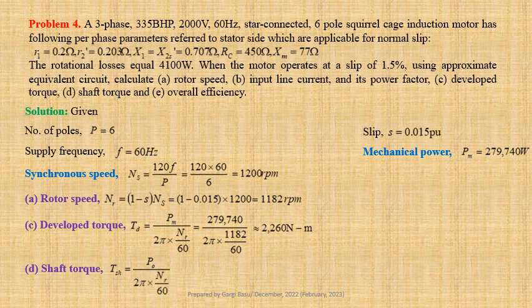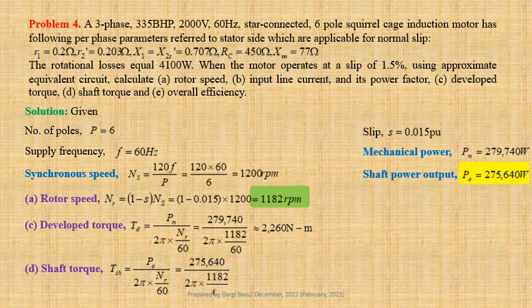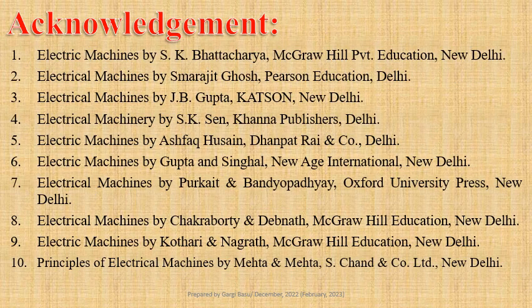We have computed shaft power output PO equals 2,75,640 watts. Therefore, TSH equals 2,75,640 divided by 2 pi into 1182 by 60, which is approximately equal to 2,227 Newton meter.